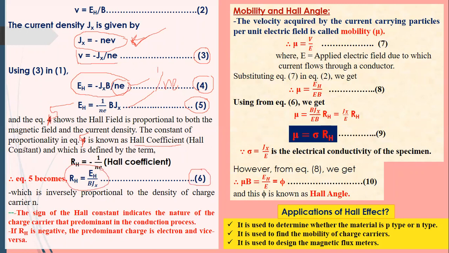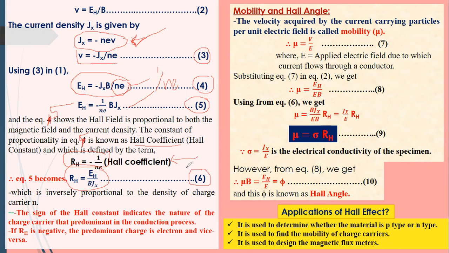So RH is equal to minus 1 upon Ne, and this is the Hall coefficient or Hall constant. This shows that the Hall field is proportional to both the magnetic field and current density.